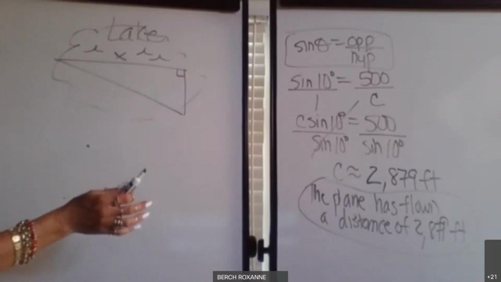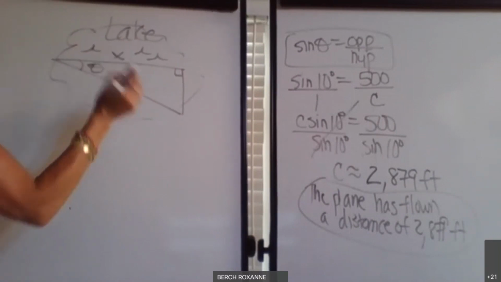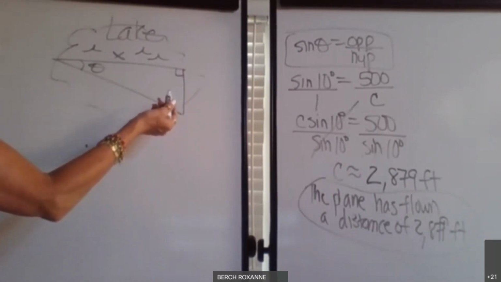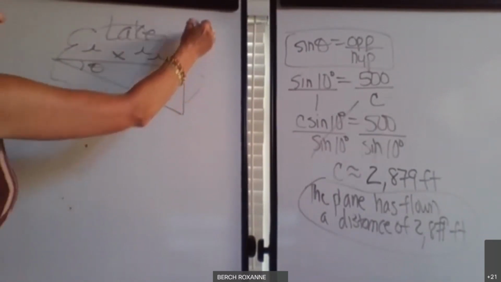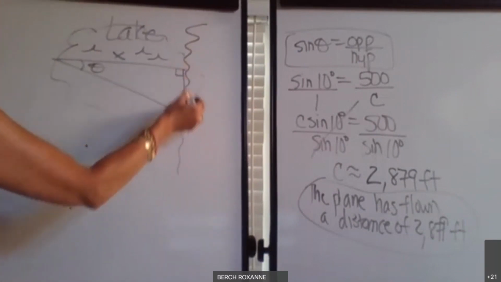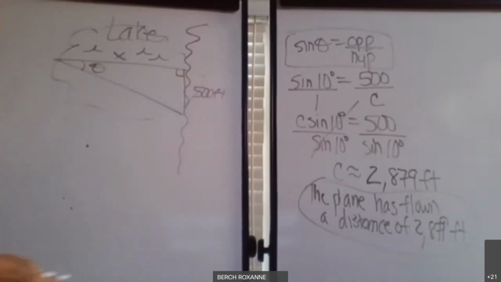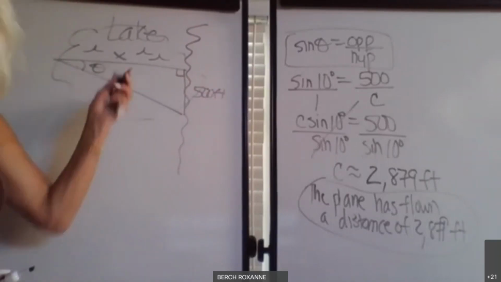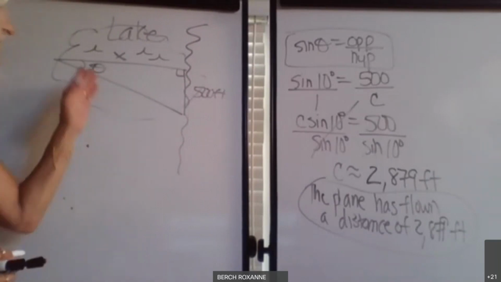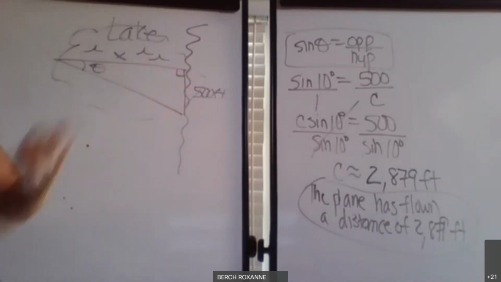If you know this angle and the hypotenuse, and let's say this is the ground over here and you know this distance is, say, 500 feet, you don't have to use a string to measure the length of the lake. All you need is an angle and this measure, since you're on land, you can measure that distance.